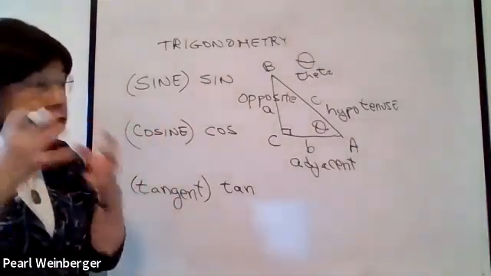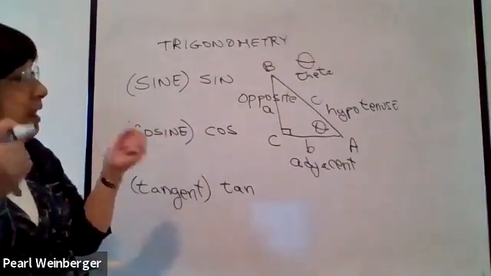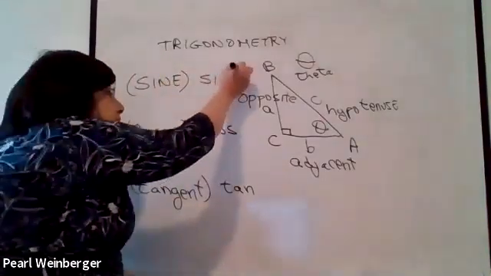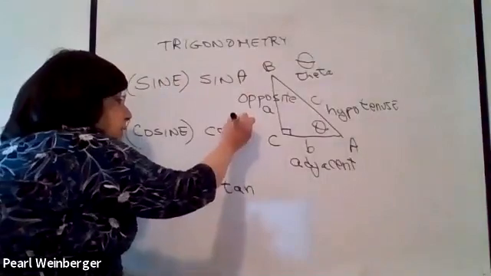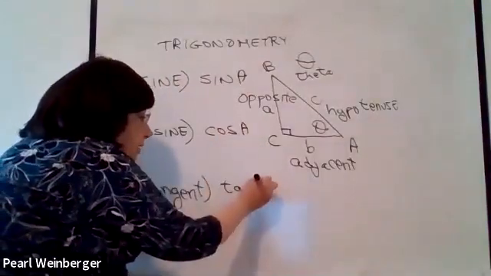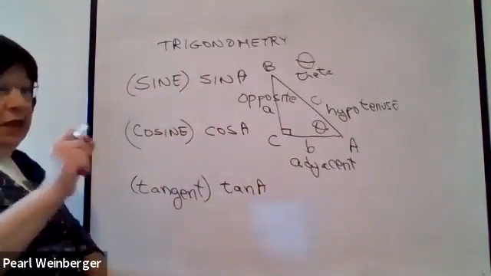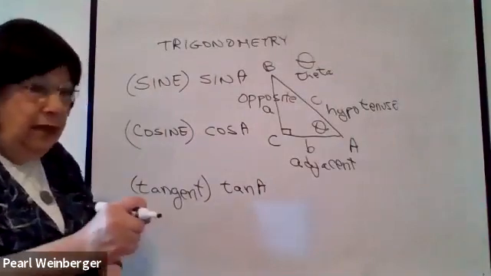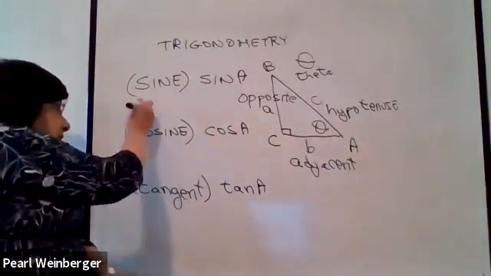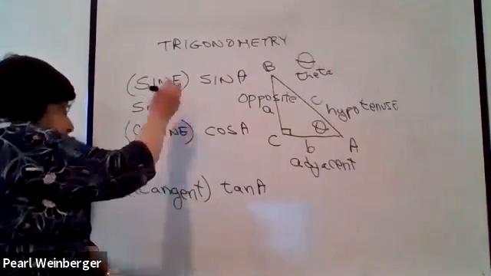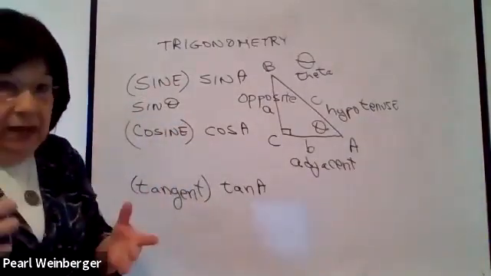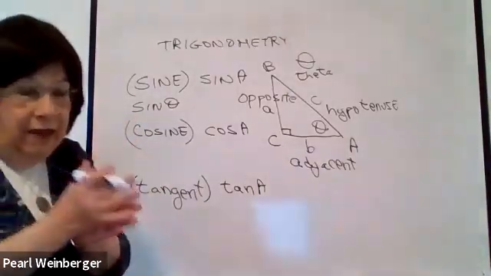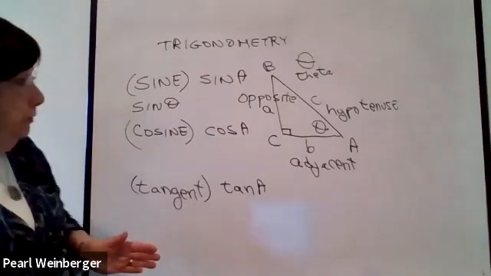Because I have to know which angle I am looking at, from which perspective. So for us, let's first look from the perspective of the angle A. So again, I won't ever just say find sine. I will either say find sine A, or I may say find sine theta, or I may say find sine B, but it has to be sine with a letter next to it, a name of an angle next to it.